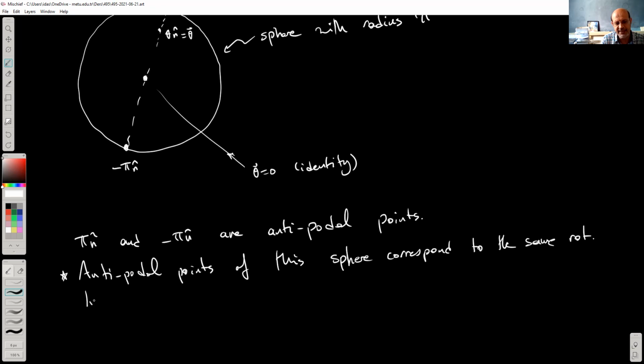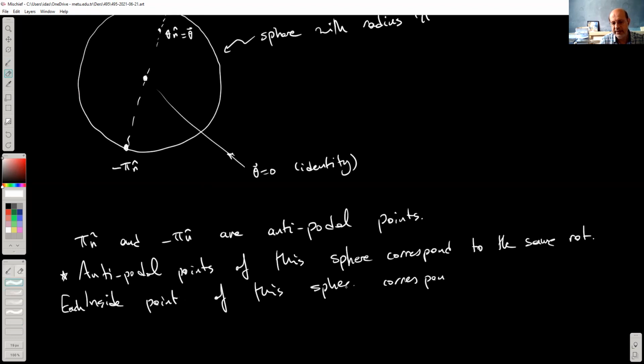So let's say it like this. Each inside point of this sphere corresponds to a different rotation of SO3.